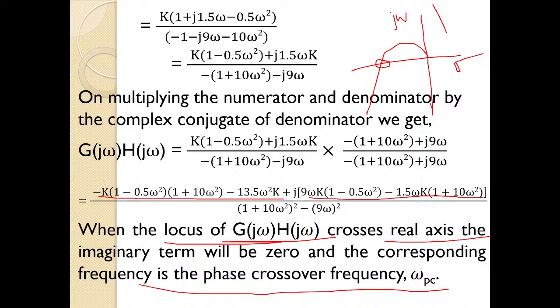When it crosses the real axis, the imaginary term becomes 0. So at what frequency will the imaginary term become 0 for this locus? The frequency is the phase crossover frequency. So at phase crossover frequency, this whole imaginary term should become equal to 0.